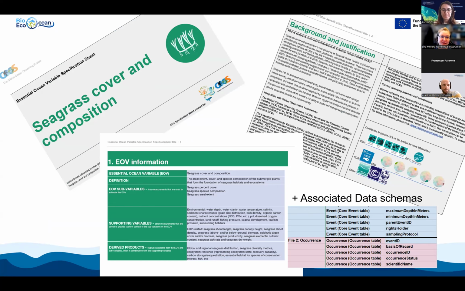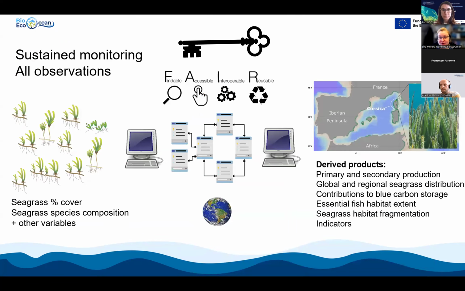One of the key things with the essential ocean variables is that these key measurements also need to follow FAIR data principles, so that our sustained monitoring data, all our observations, can be part of this shared data ecosystem.